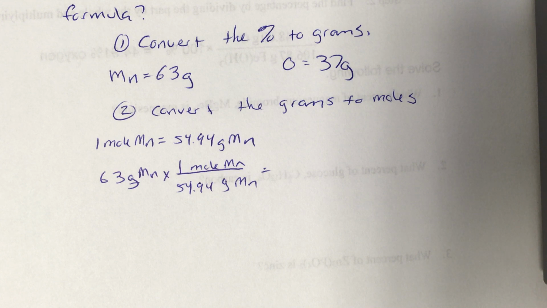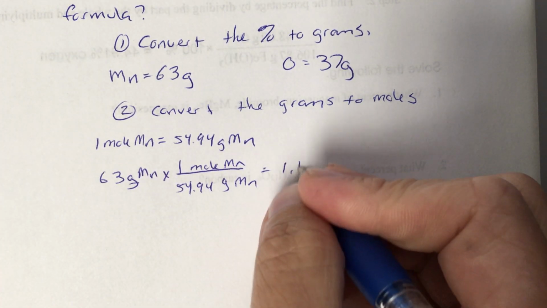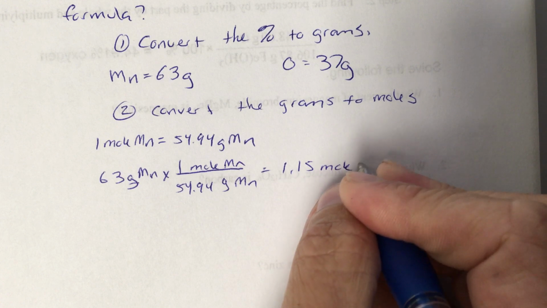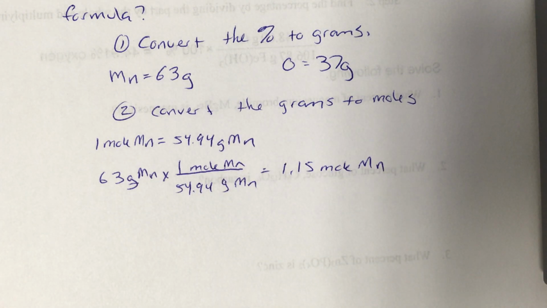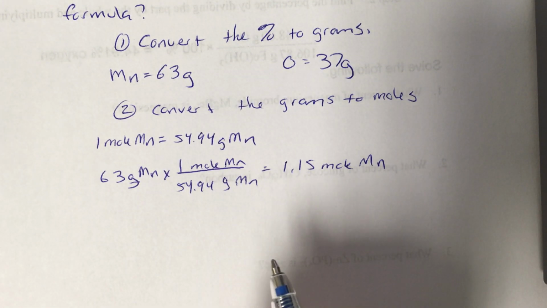So it's 63 divided by 54.94. And we get 1.15. So this is just a mole mass conversion, just like we've done before.